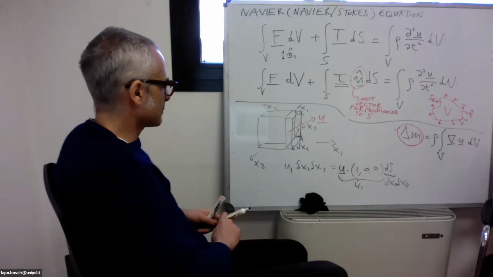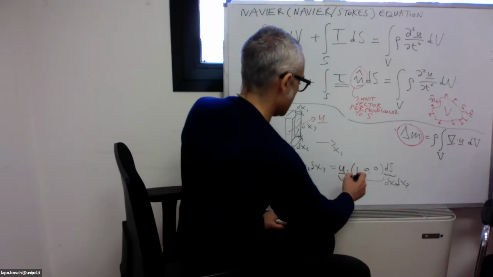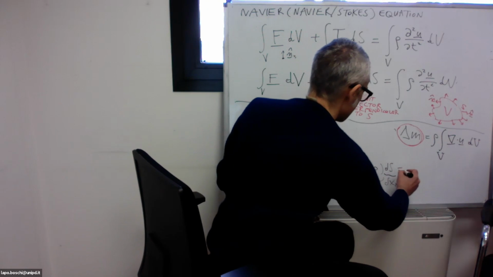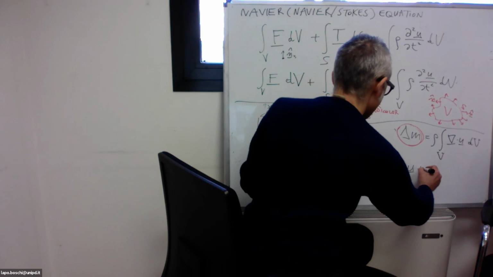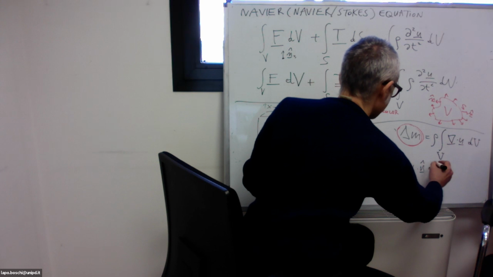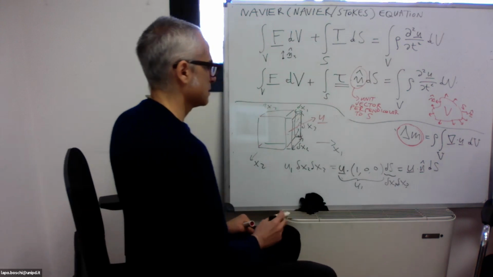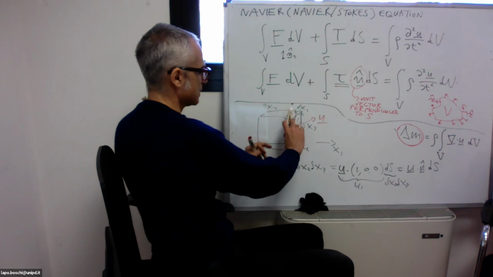So now I can also write this as u dot n times dS, dS being this particular surface.